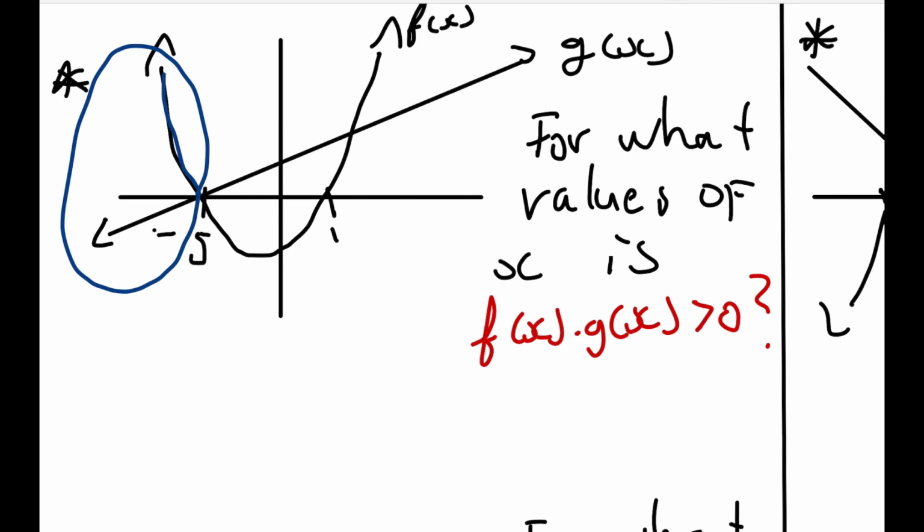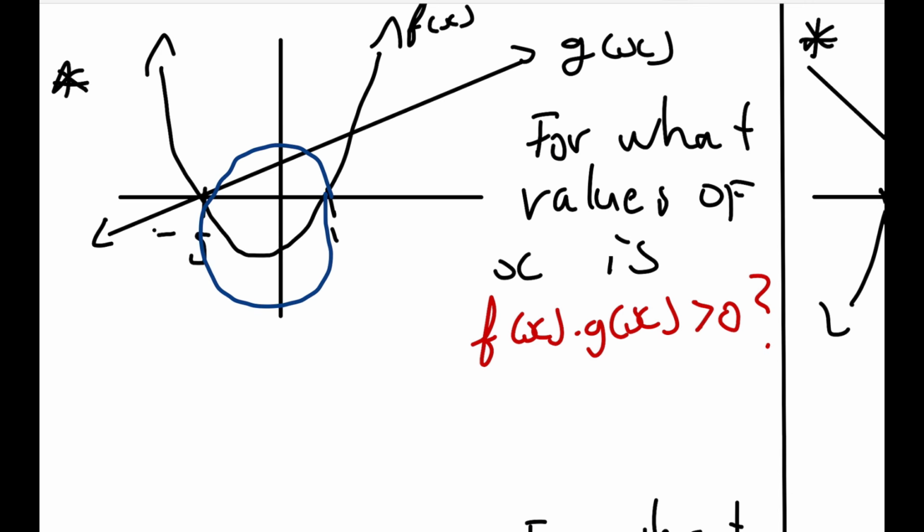Here, the parabola is above the x-axis and the straight line is below, right? Now, if you have a look, say, somewhere here as well, between -5 and 1, now the straight line's above the x-axis and the parabola is below the x-axis.